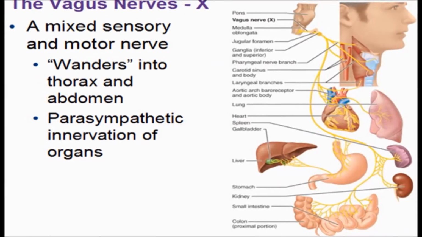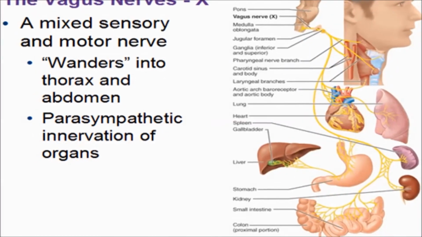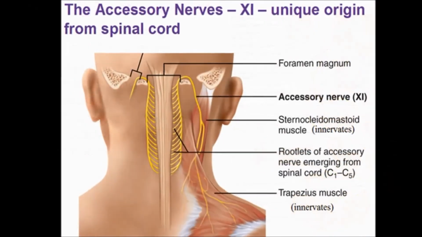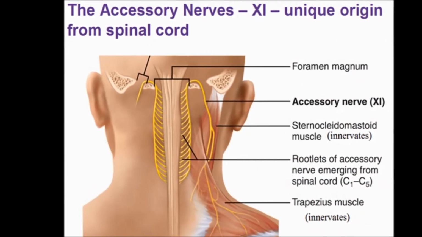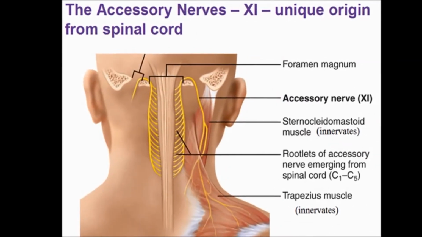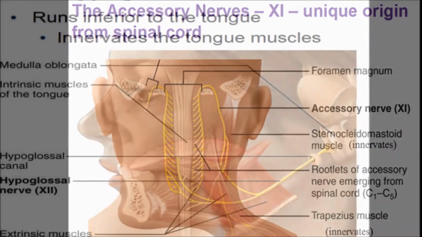It is concerned with the innervation of organs. Next is the spinal accessory nerve, which innervates the neck muscles. The hypoglossal nerve runs inferior to the tongue and innervates the tongue muscles.